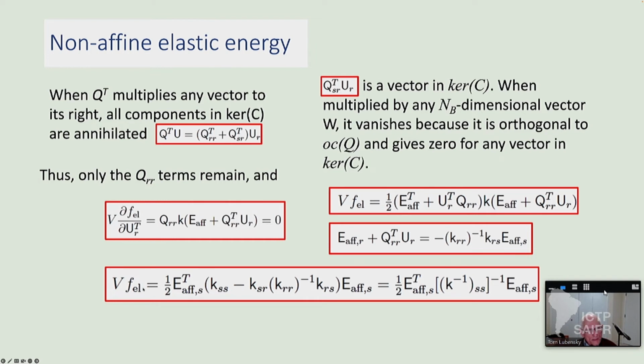So that makes sense that the elastic energy, you don't see any elastic energy unless I've done some stretching, and that then requires that I be in the null space of Q. So this now gives us the full elastic energy of our system.